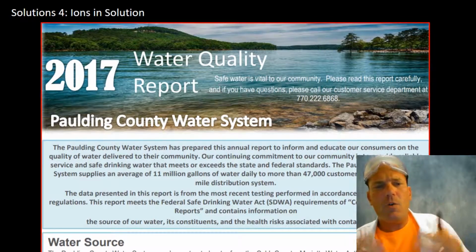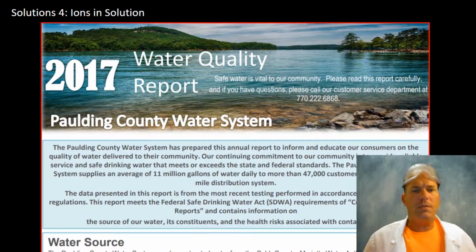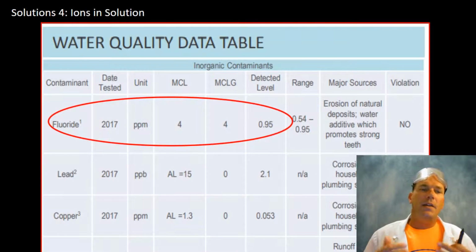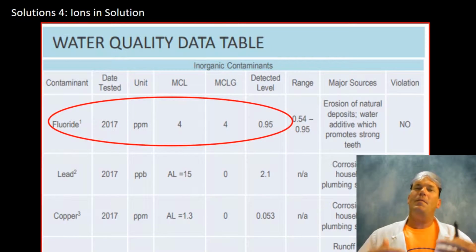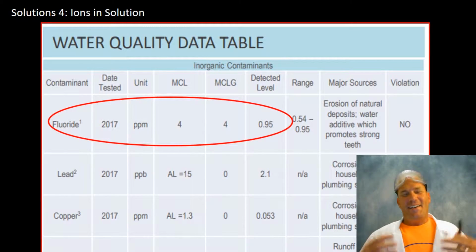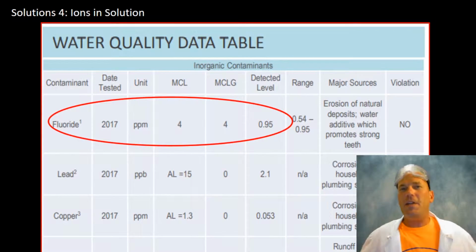So this is the water quality report from 2017. All right. And if you flip through it, you'll get to an area that talks about the concentration of the fluoride anions. Most of you are aware that many counties and municipalities will fluorinate their water for your teeth.